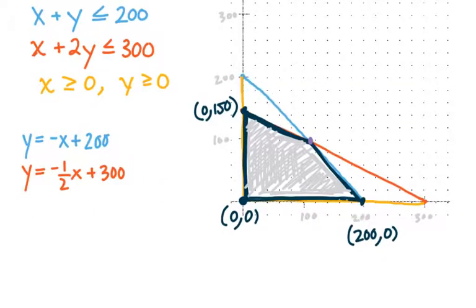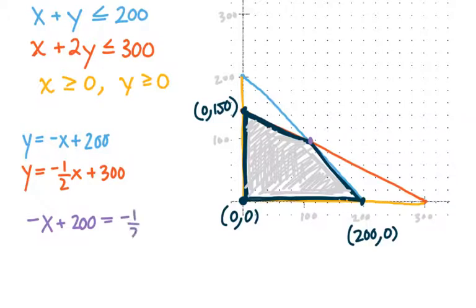And this blue and the red line came from these two equations, y equals negative x plus 200 and y equals negative 1/2 x plus 300. So that point of intersection would be solving that system of equations. And since they're both equal to y, I can let both the left and the right be equal to either of these two equations.